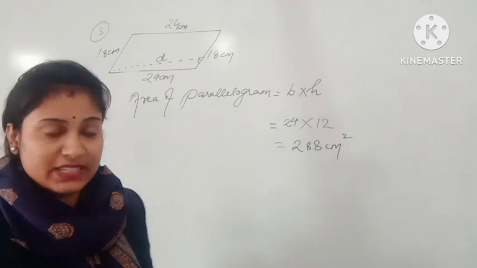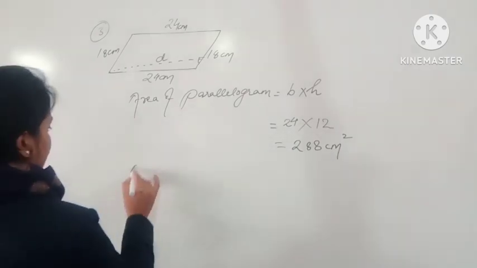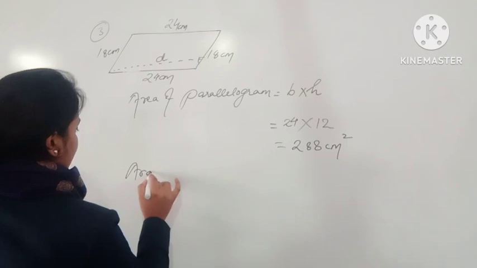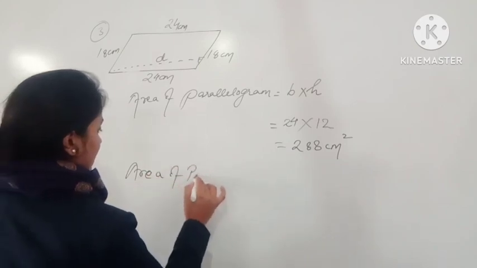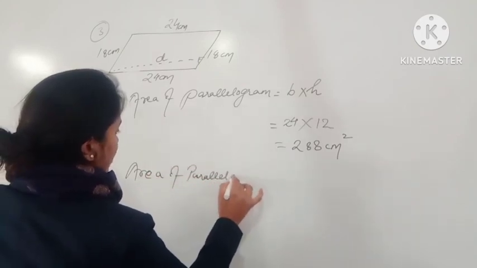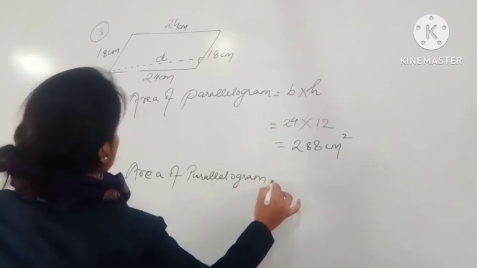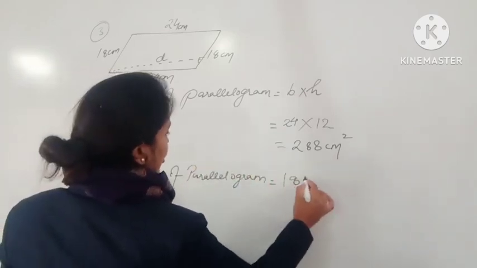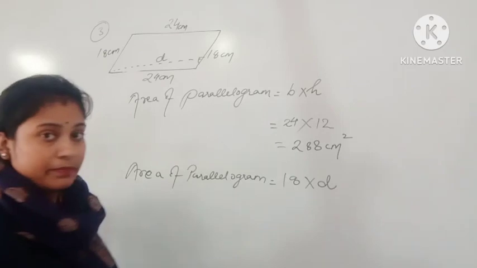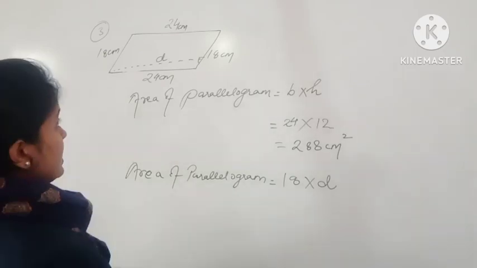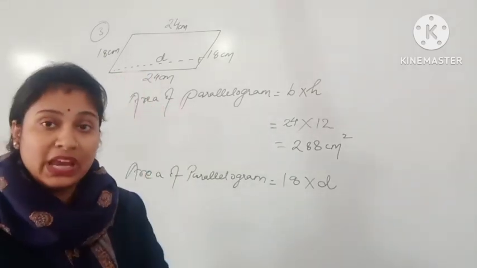Now, again let us consider the area of the parallelogram by considering the new base and new height. So the new base is 18 and the new height is D. Since the parallelogram is the same, their area will be the same.